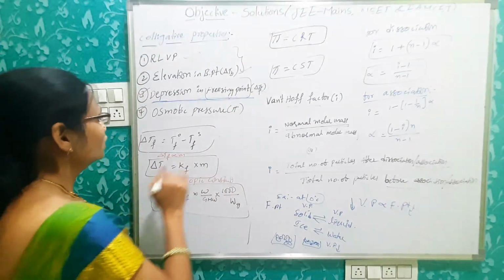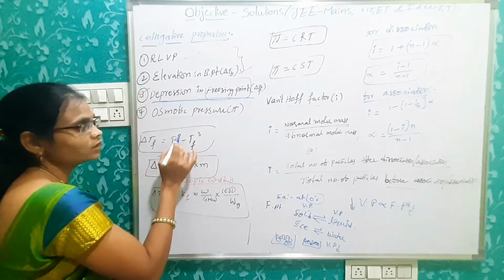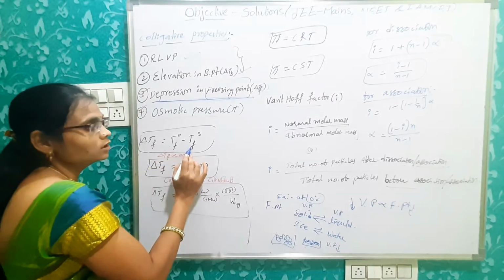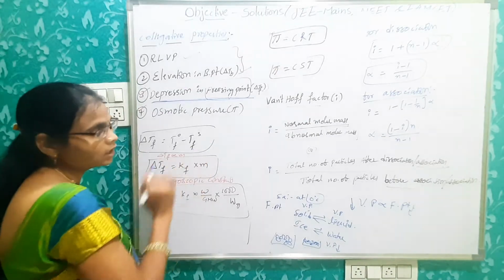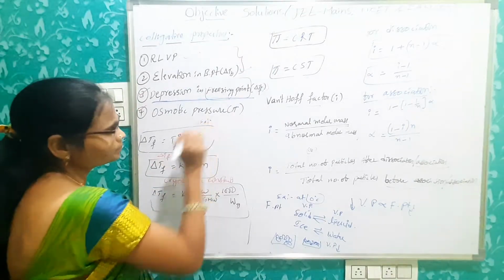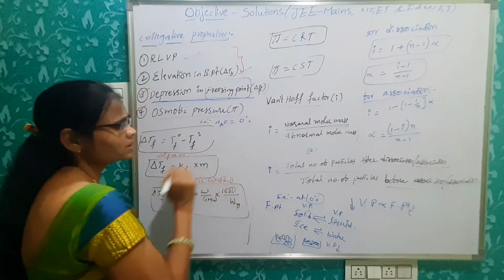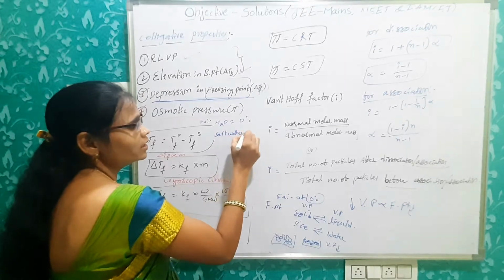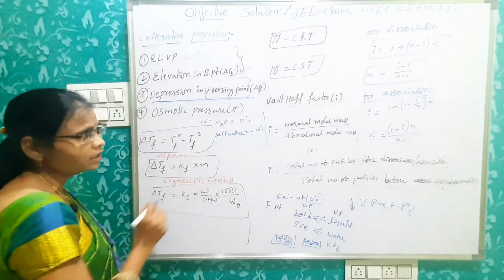Delta TF is equal to TF naught, the pure solvent freezing point, minus TF, the solution freezing point. For example, water freezing point is 0 degrees Celsius, but salt water freezing point is minus 1.8 degrees Celsius.